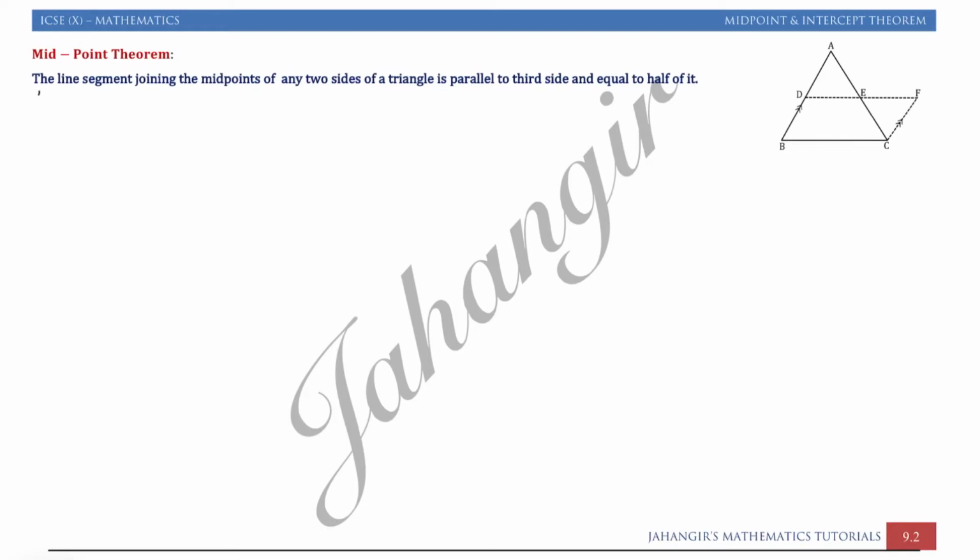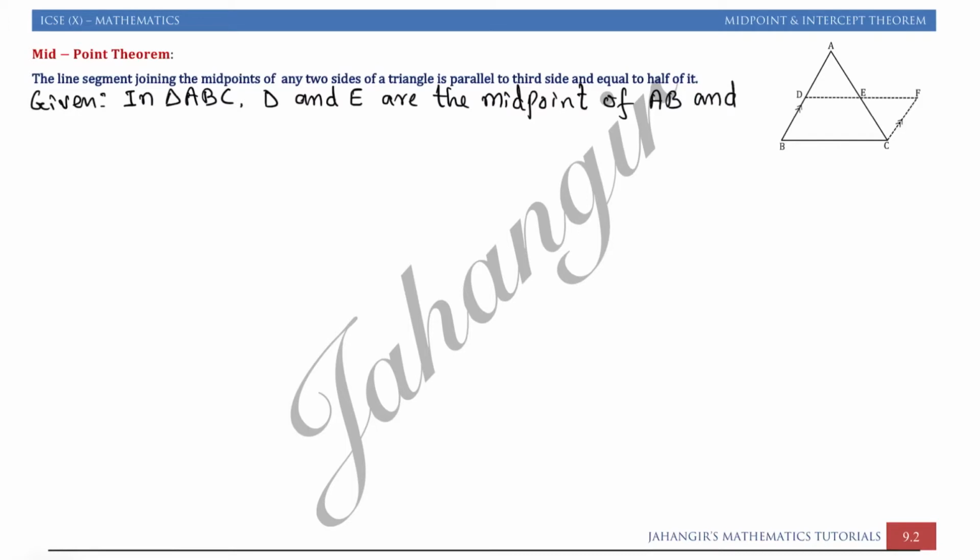In the given part we have: in triangle ABC, D and E are the midpoints of AB and AC respectively.